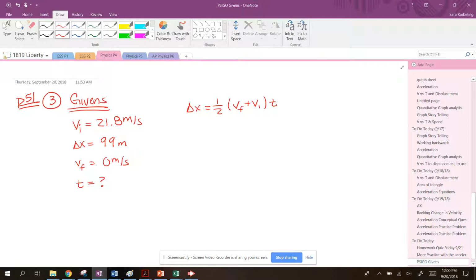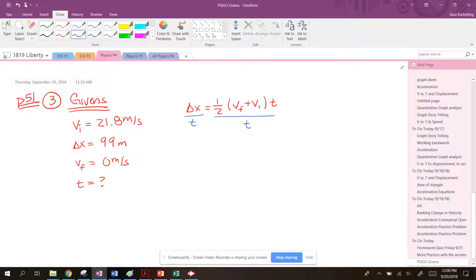Okay, so we've got our givens, we've got our unknown, and our equation. Now we need to do some solving, don't we? I need to get t by itself. How in the world do I do that? Divide by what? Okay, if I divide by t, because that's what we often do, then t is going to become part of the denominator.